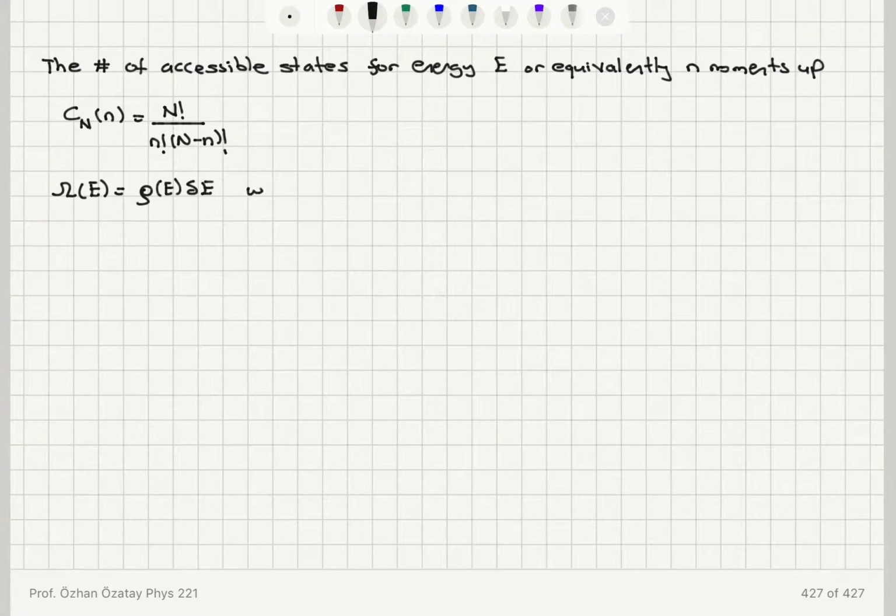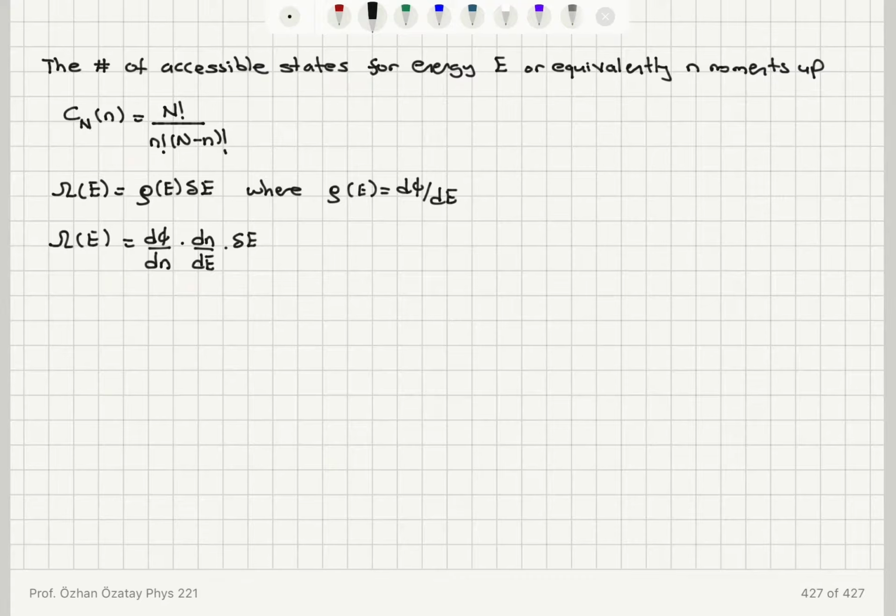So we have the density of states equal to d phi dE, the number of accessible states for energies less than E, derivative with respect to E. So now you can see that I can write this as omega E equal to d phi dn times dn dE multiplied by delta E. So I can equivalently write it this way.